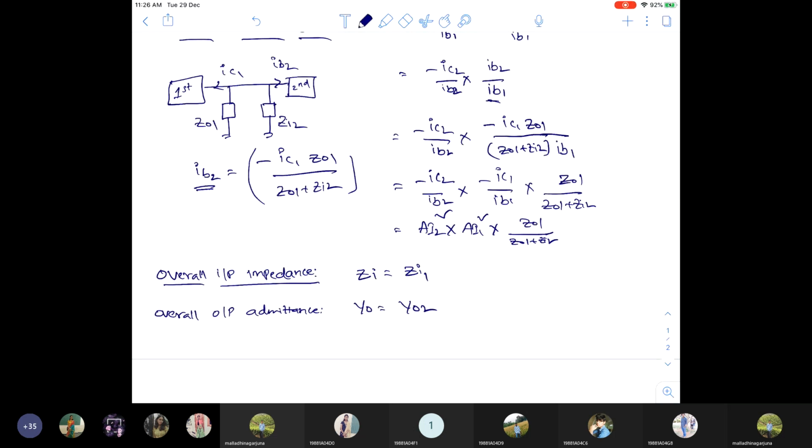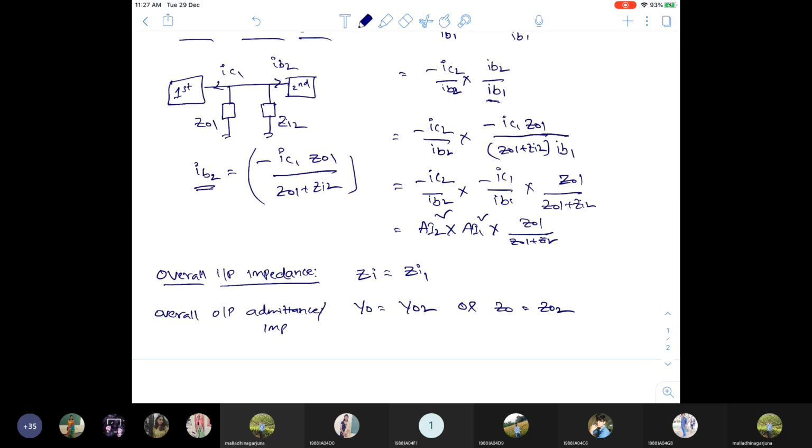So the last stage output impedance becomes the overall output impedance. The first stage input impedance is nothing but the overall input impedance. So these are the overall current gain, overall voltage gain, overall input impedance, and overall output admittance.